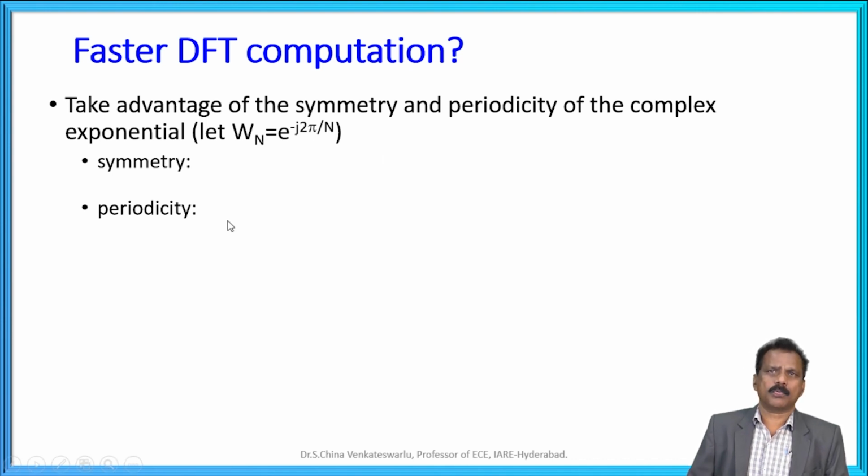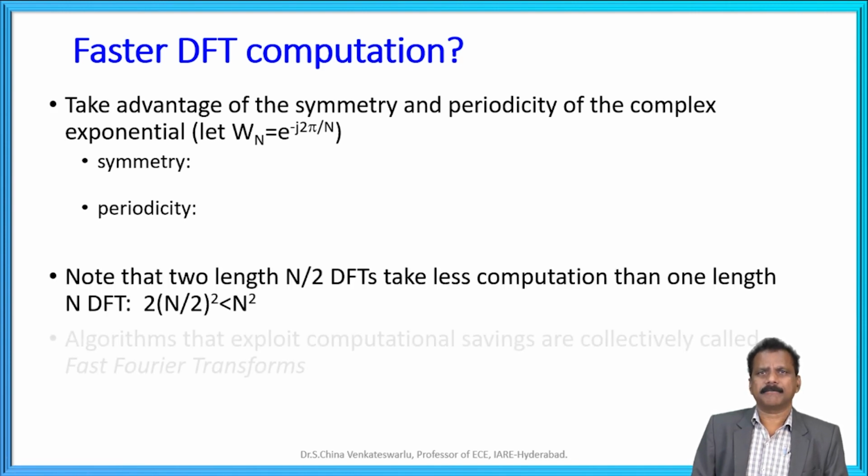Using these two properties of the complex exponential, the twiddle factor or weighting function, Wn is equal to e power minus j 2 pi by capital N. Based on this, we have to verify the symmetry and the periodicity.